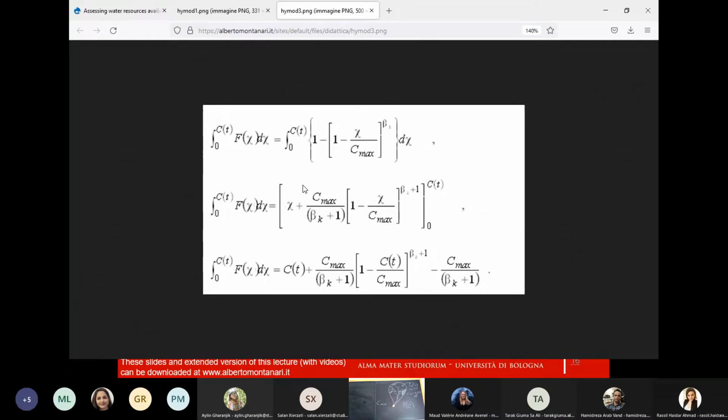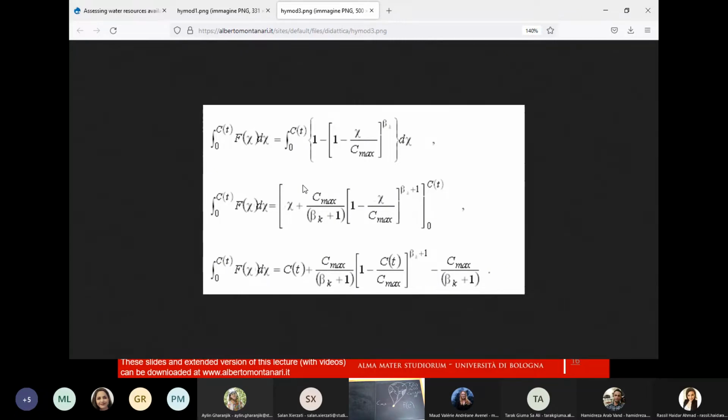If you want to check it, just compute the derivative. The derivative of C is 1, and then the derivative of the second addendum has the exponent beta k plus 1, which then annihilates with the denominator of C max divided by beta k plus 1. C max is a constant, and you keep it.